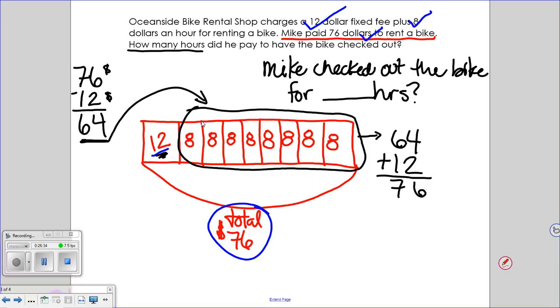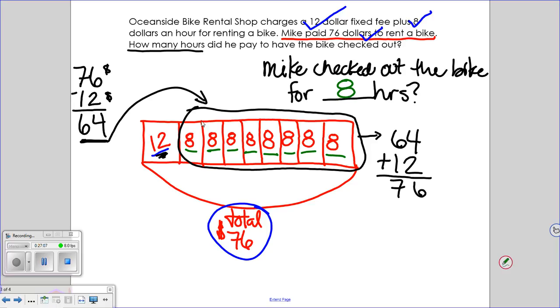So I'm going to count them. 1 section, 1 hour, 2 hours, 3 hours, 4 hours, 5 hours, 6 hours, 7 hours, 8 hours. So how many hours did he actually check out this bike? Aiden? 8 hours.